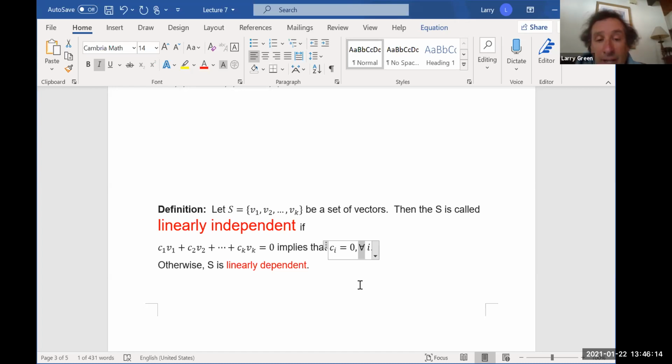It means for every, for all possible. So for i equals 1, i equals 2, i equals 3, all the way up to i equals K, this must be true. So in other words, all of the C's are 0. Does that make sense? That's an important symbol, and we use it a lot in this class. Okay, if S is not linearly independent, then we say S is linearly dependent. Any questions on the definition before we do lots of examples?